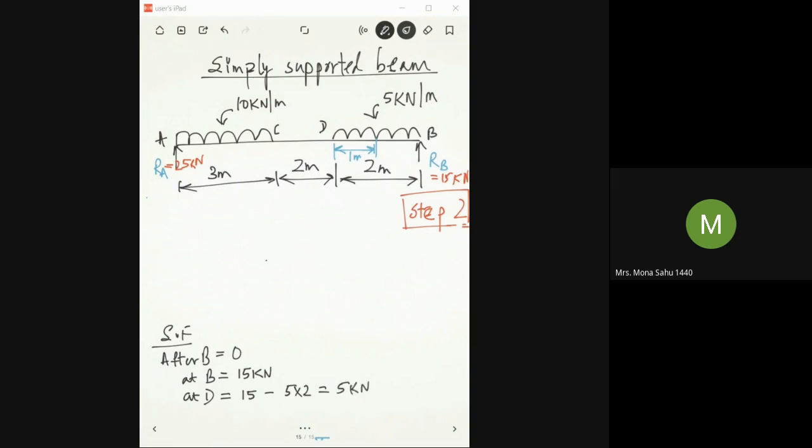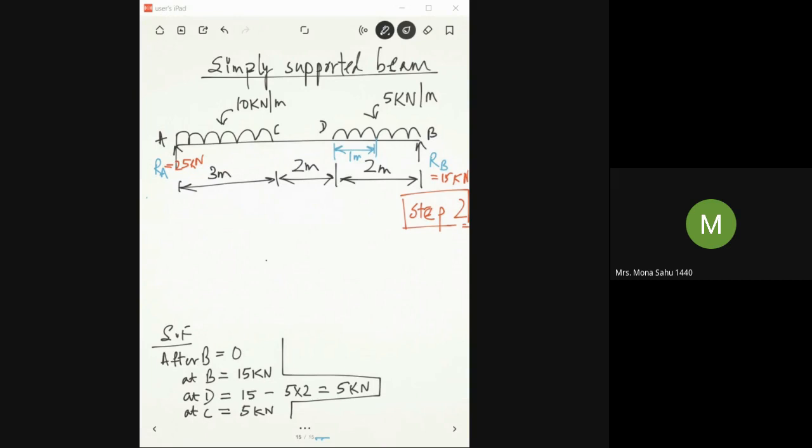Okay, now at C, it's going to be the same. Okay, 5 kilonewton. I hope it's clear. Then you have at point A.